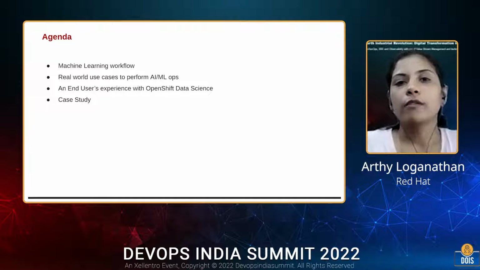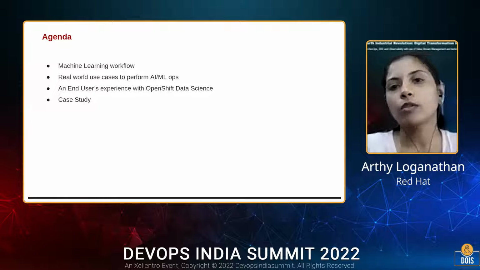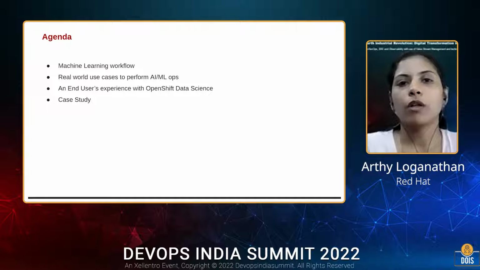To do that, first, let's start off with an overview of the machine learning workflow, then use cases to perform AI/ML ops with OpenShift Data Science. And I will walk through a case study on the user's experience with OpenShift Data Science. Okay, so let's go on with the slides.